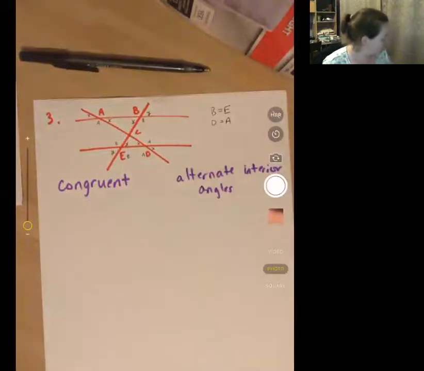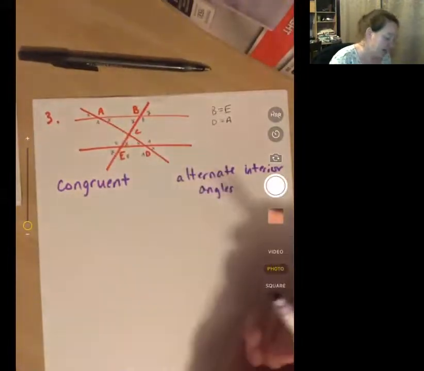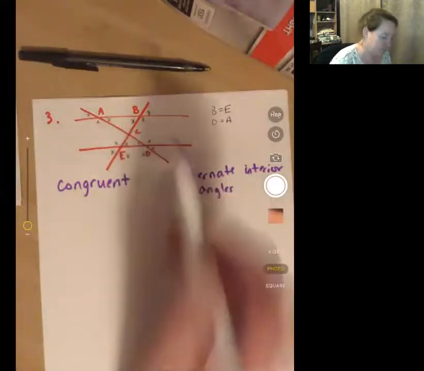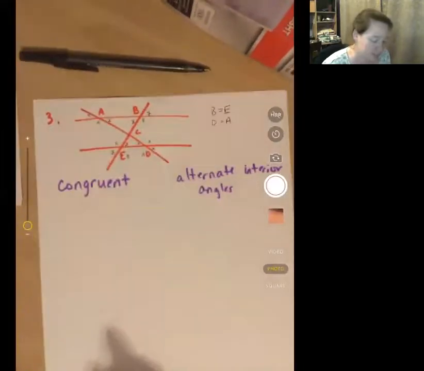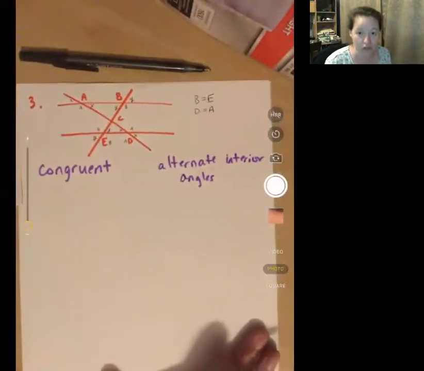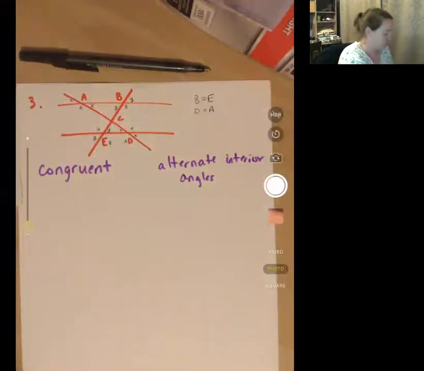And so then angle ABC and angle DEC are also the same. They're also congruent because they are also alternate interior angles. So I'm not going to write it down a second time. You can just write it down both times. Same thing for both times. By angle-angle, is that how we call it?